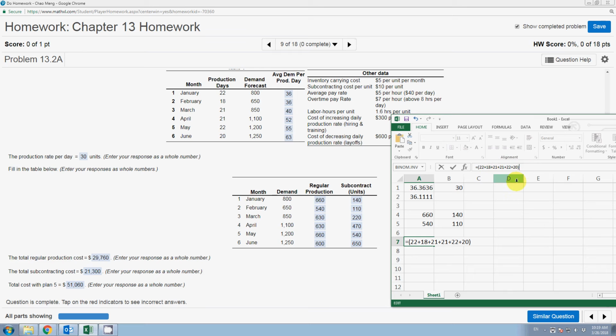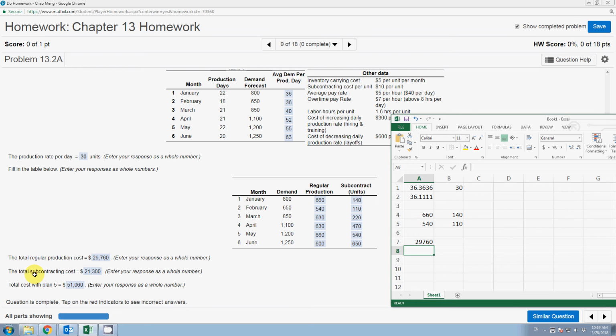Those are the number of days we have in the 6 months. And how many workers do we have? We have 6 workers, so times 6 workers, and times how much we pay each worker per day. It says average pay rate, that's $40 per day for each worker, so times 40. So we have the regular production cost.